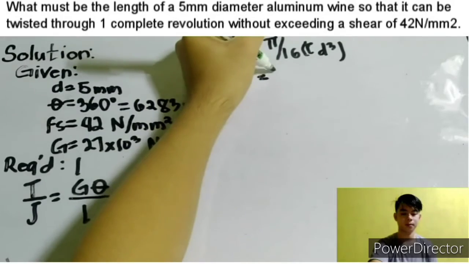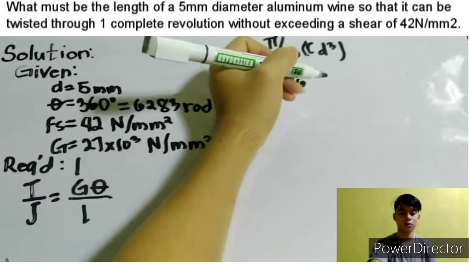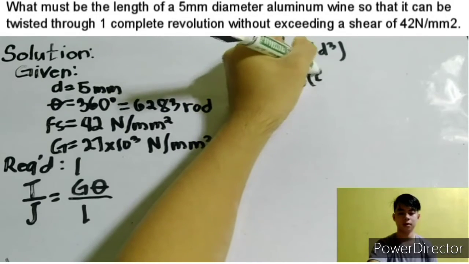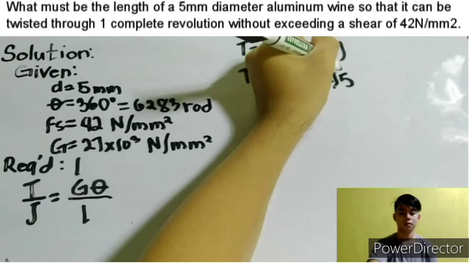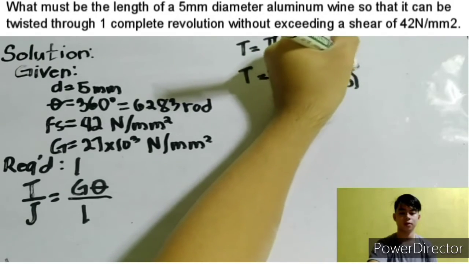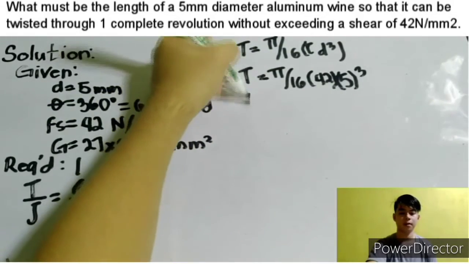So T is equal to pi over 16 times 42 times 5 raised to 3.